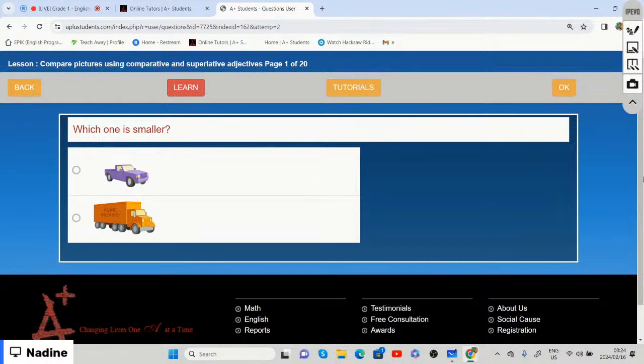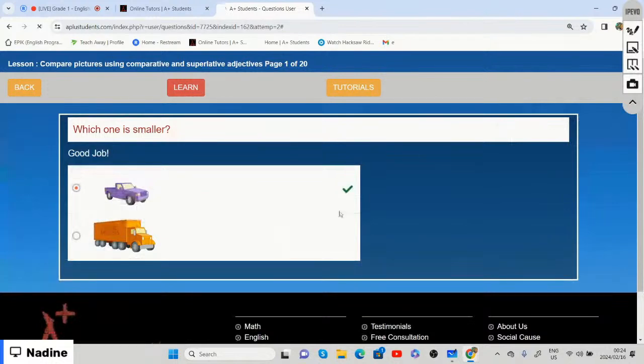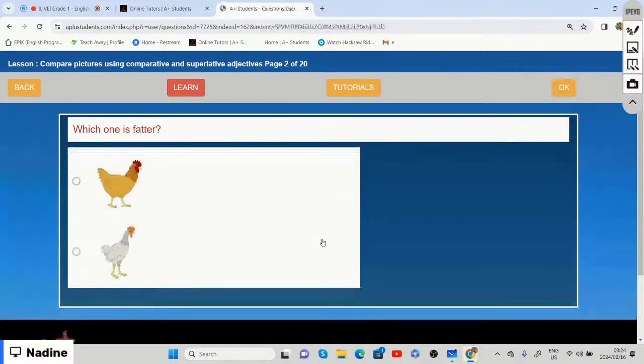So if we were to say which one is smaller, we said that the purple one is smaller than the bigger one. Yes, well done. So the purple one is smaller.